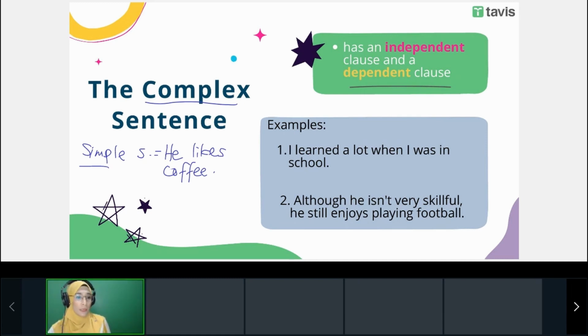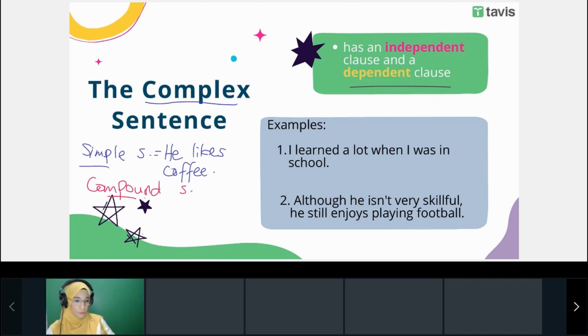Then for another one, what do we have? Let's use a pink color. We have the compound sentence. Now, compound stands for more than one simple sentence.